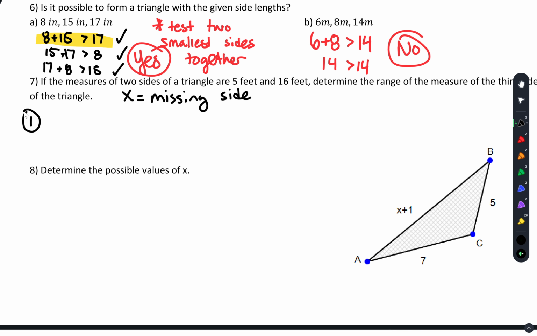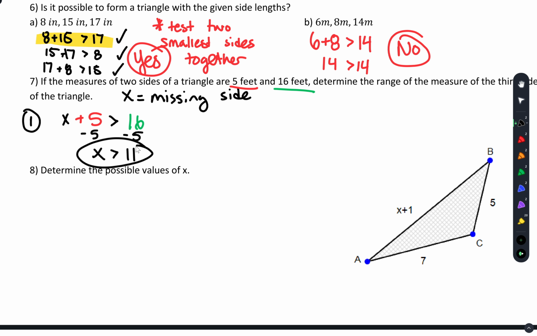To make a triangle, it would have to add together with that other small side and be greater than the third side. So X plus 5 has to be greater than 16, which means X must be greater than 11. So it's got to be greater than 11.